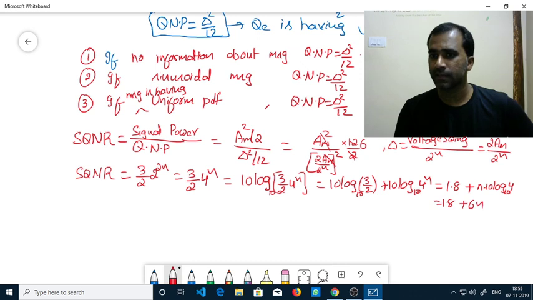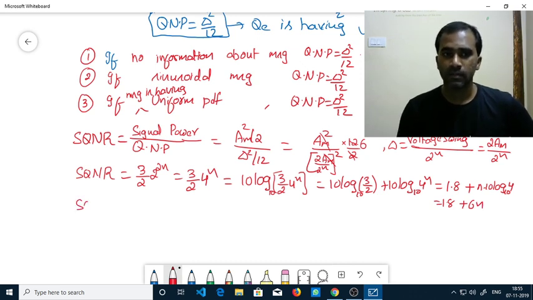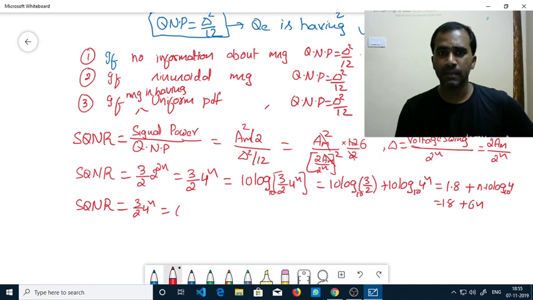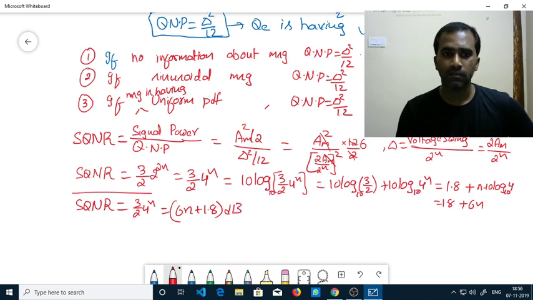This becomes 6n. So finally, we got a really important result, and that result is 3 by 2 into 4 to the power of n, or the same answer in dB scale is 6n plus 1.8 dB. Very powerful answer, very important result. Questions can be asked based on this result.